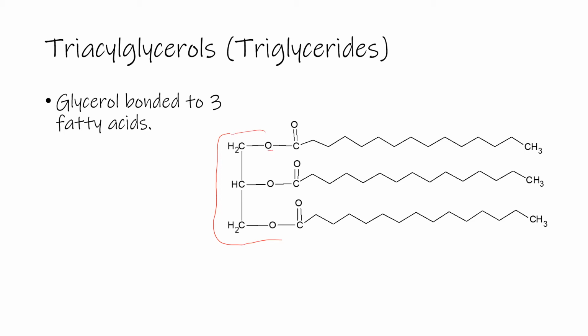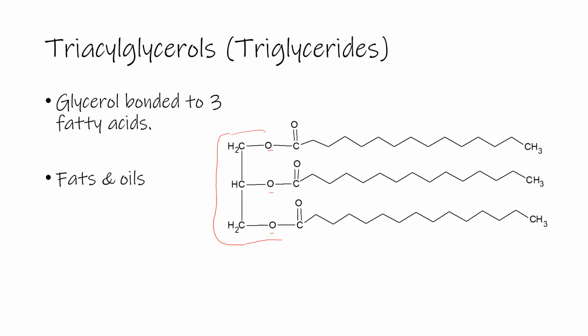So these 3 oxygens are from the glycerol molecule. And then they form an ester bond to the fatty acids. Those 3 fatty acids can be the same. They can be 3 different fatty acids. It doesn't really matter, but together it's a triglyceride or triacylglycerol. So again, one glycerol bonded to 3 fatty acids.